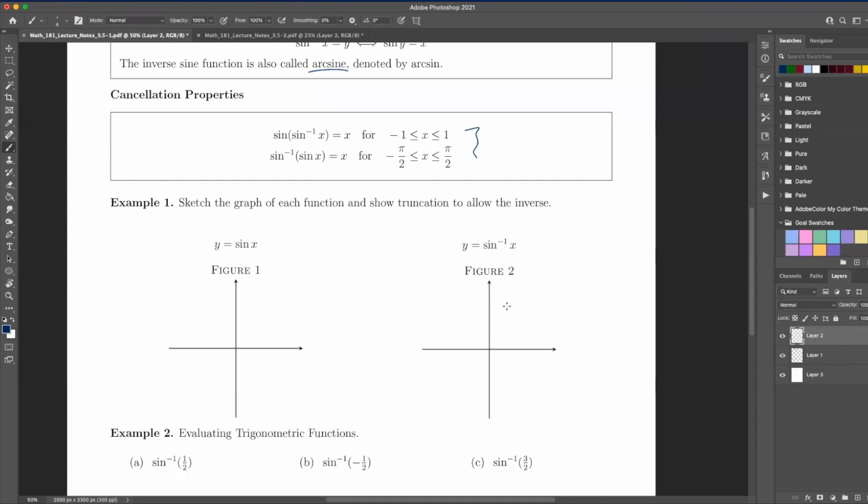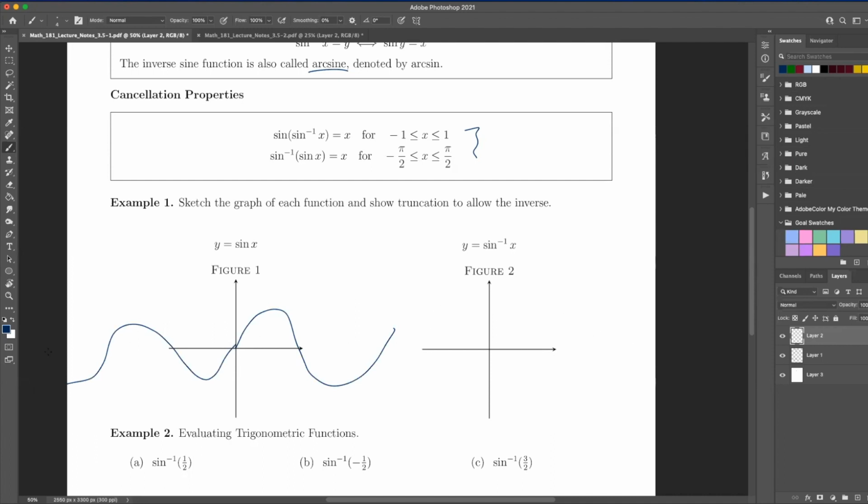So we're actually going to truncate these. Sine is not 1-to-1. Sine is clearly not a 1-to-1 function. It goes on forever and ever. If I was going to draw it, sine goes up, comes down, goes down, goes up, goes down. So that's what sine looks like.